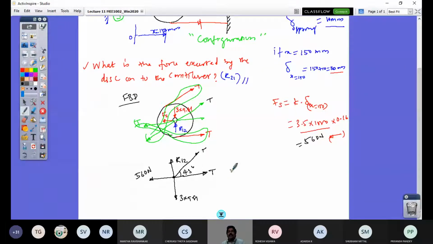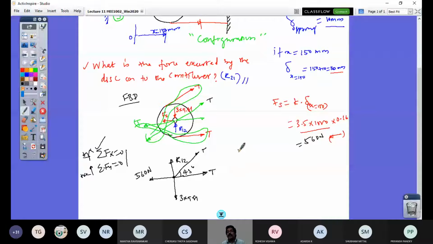What equation should I use now? For this concurrent system of forces, I have two conditions of equilibrium, sigma Fx equal to 0 and sigma Fy equal to 0. So these are the two equations I have in my hand, and two unknowns, T and R12. You can also wisely decide now which one to use first. Since one of the unknowns, R12, is vertical, if I use my first equation, I would get T straight away.